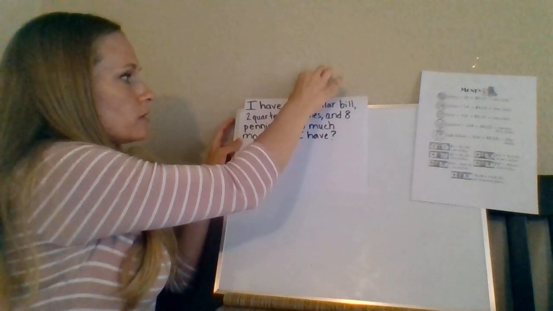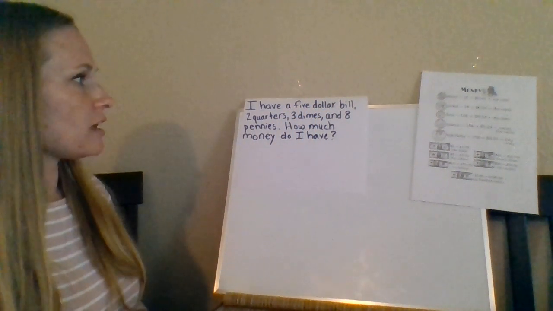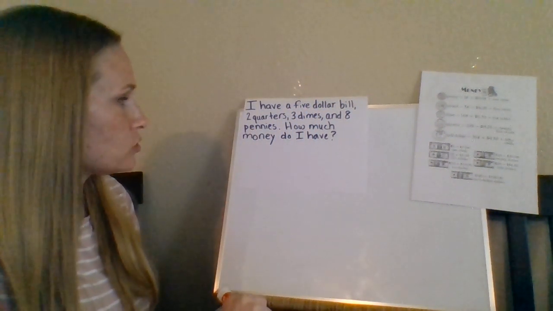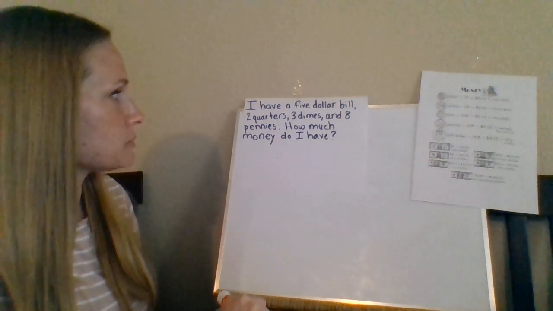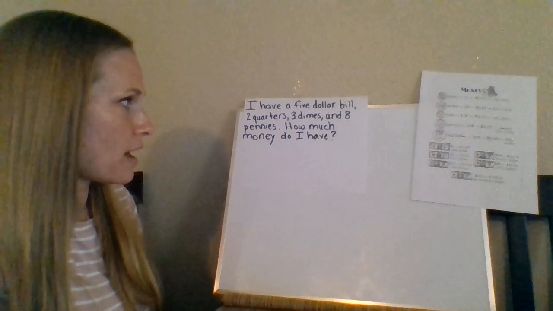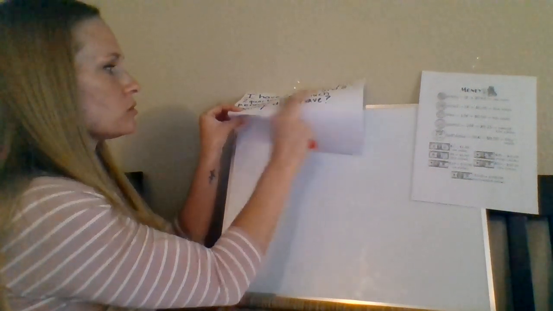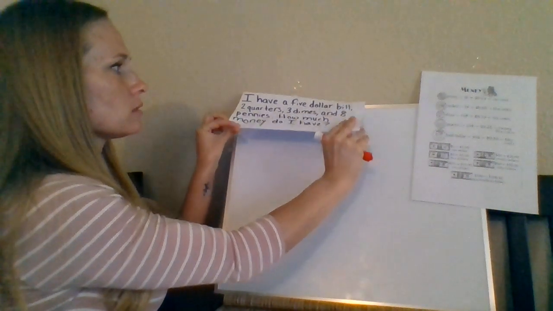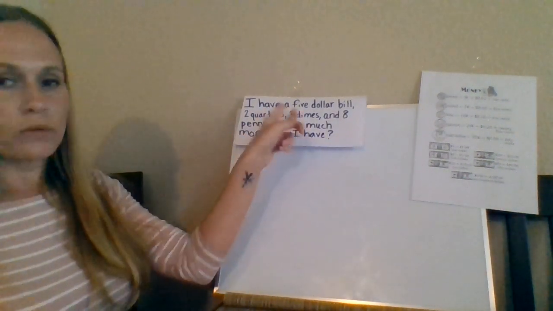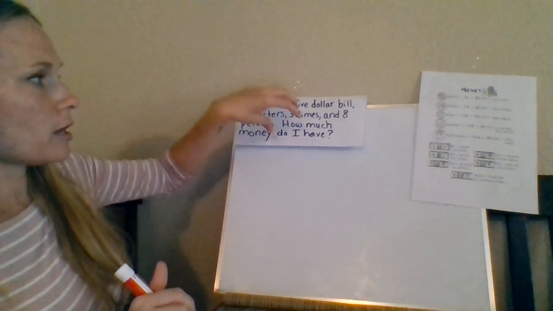So on the first one, it says, I have a $5 bill, 2 quarters, 3 dimes, and 8 pennies. How much money do I have? Okay, so what I'm going to do is write down the value of each of these words, and I'm going to do it one part at a time.